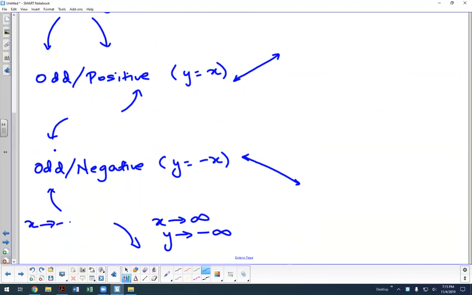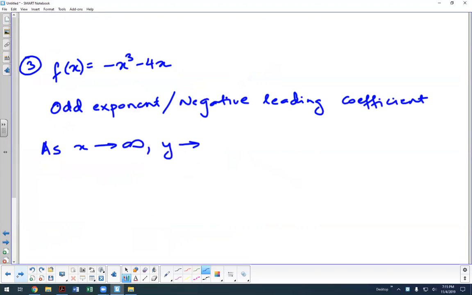So as x is going to negative infinity, y is of course going up to positive infinity. And you can actually write that down for all the other descriptions also. So yeah, y will be going down to negative infinity. And then for the other one, as x goes to negative, y is going to positive. This is one way of writing it.